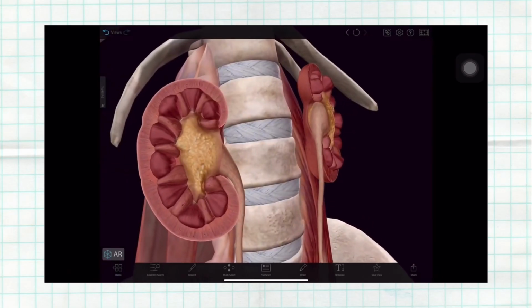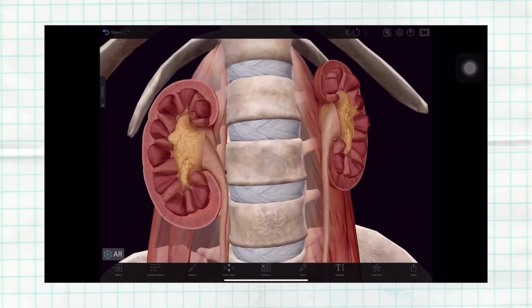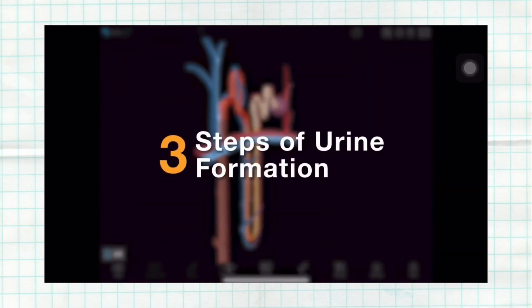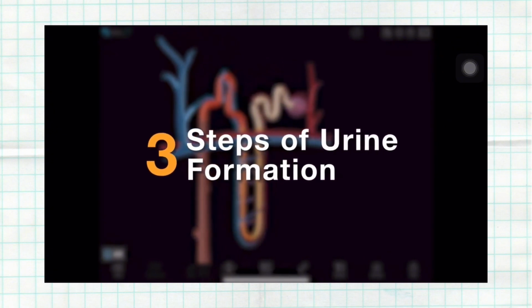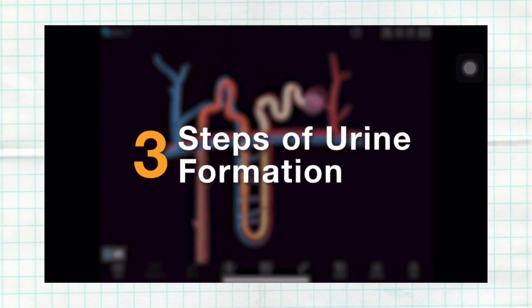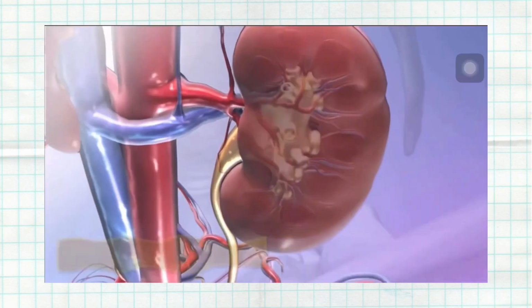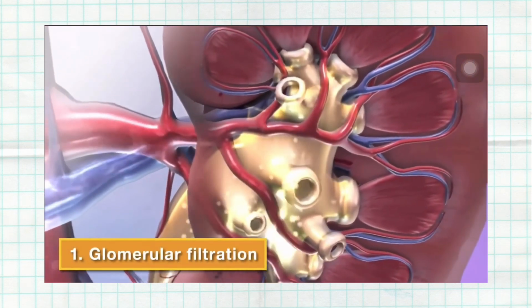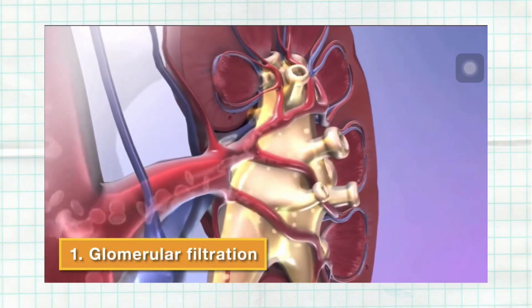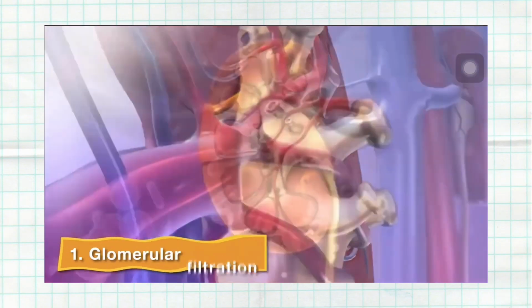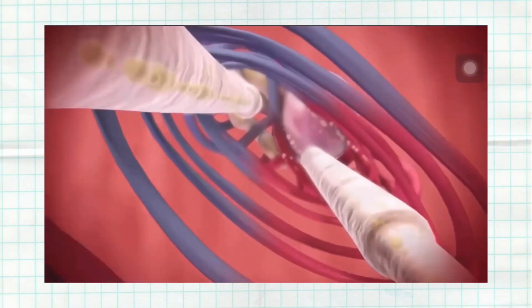The kidneys filter unwanted substances from the blood and produce urine. There are three main steps of urine formation: glomerular filtration, reabsorption, and secretion. Let's go through each one. Each kidney contains over 1 million tiny structures called nephrons. Each nephron has a glomerulus, which filters water and other substances from the bloodstream.